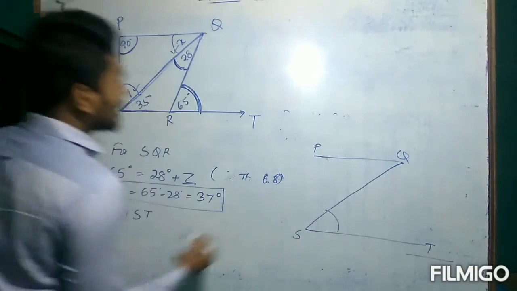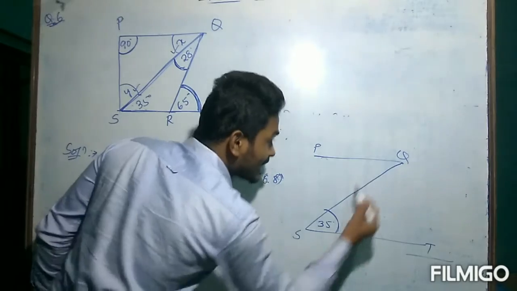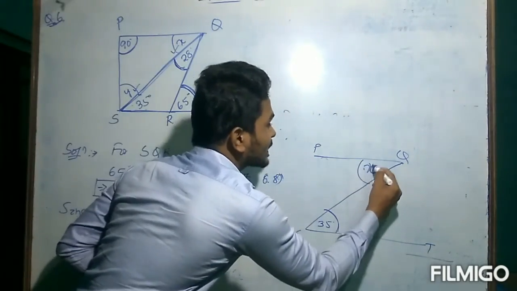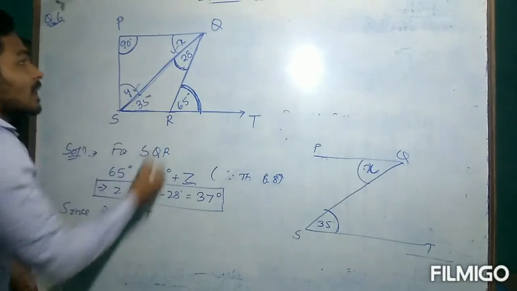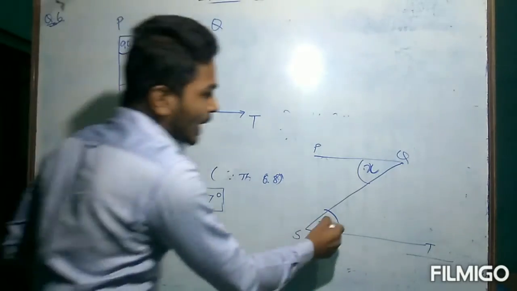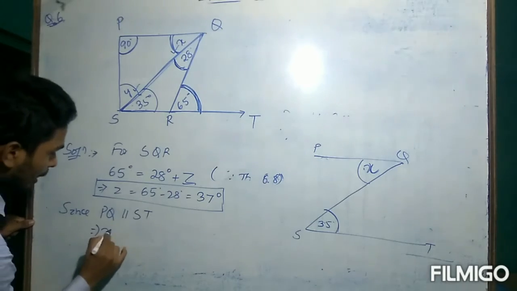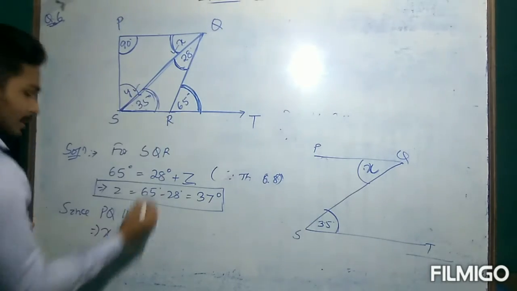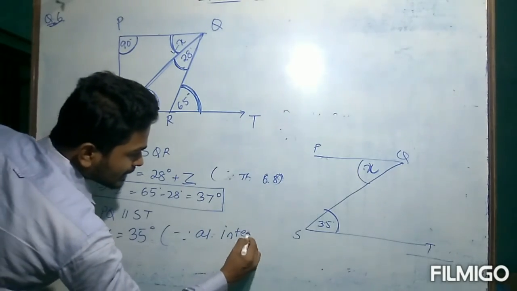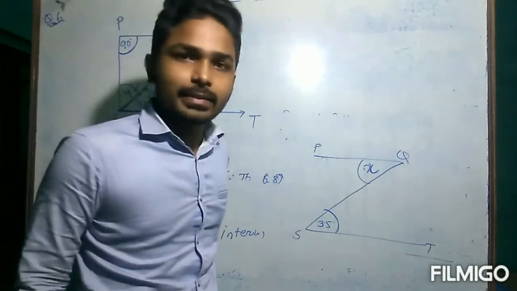Then this angle is given 35 degree. Then we know that this angle is equal to this angle, and this angle is given as x. If these two lines are parallel and this is the transversal line, then this angle is equal to this angle. Why? Because they are alternate interior angles. So we can write that this angle is equal to this angle. So we find the value of the first unknown variable x.